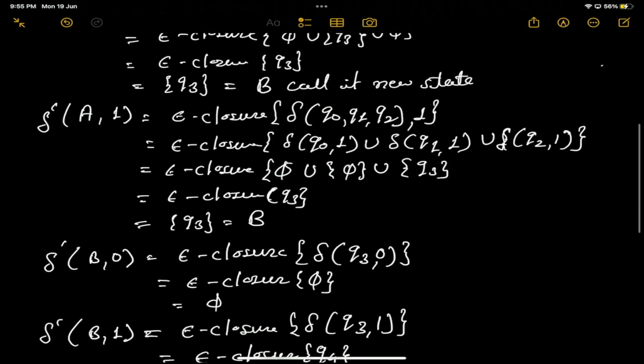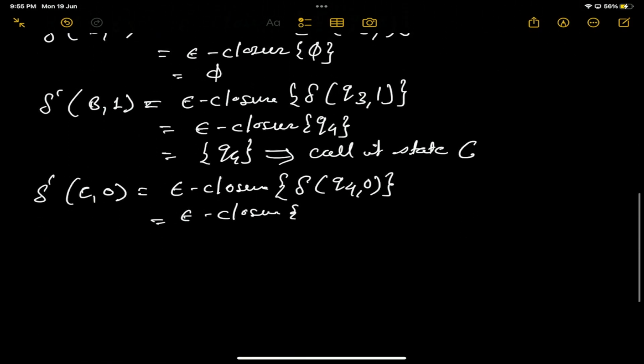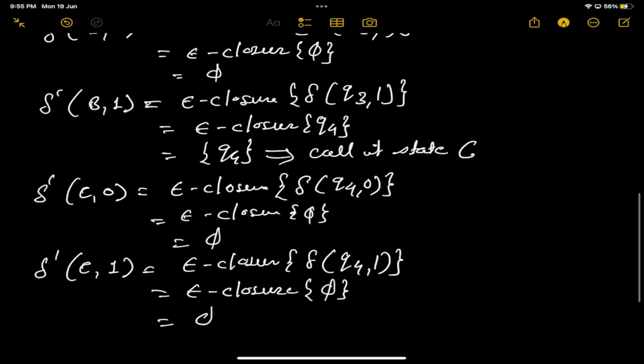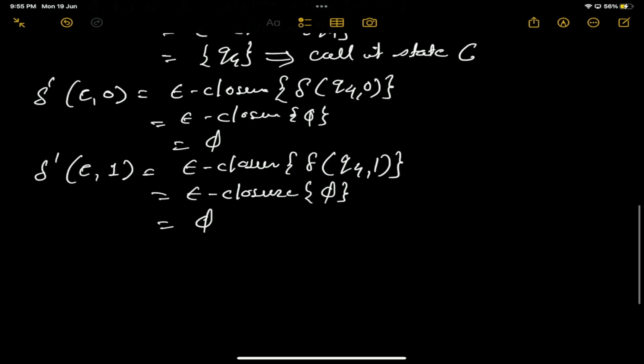Q4 with input 0 gives phi. Next, again find the extended transition function of C with input 1, which is the epsilon closure of delta of Q4 with input 1, which is phi. So we didn't get a new state now.